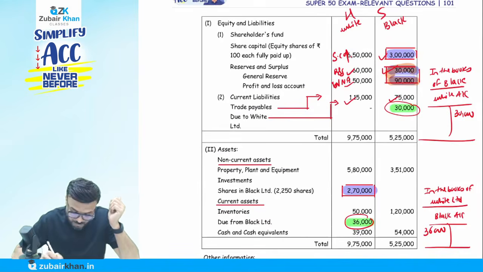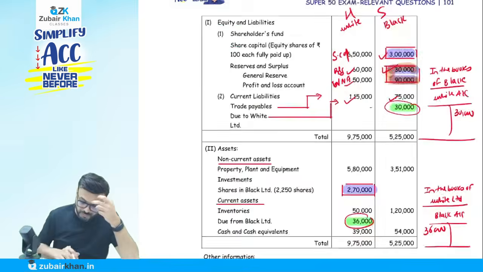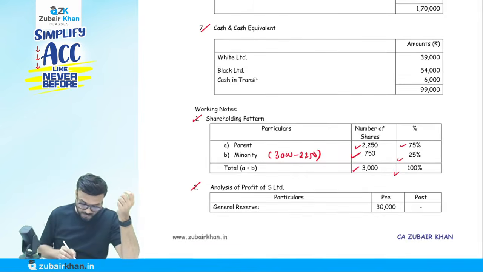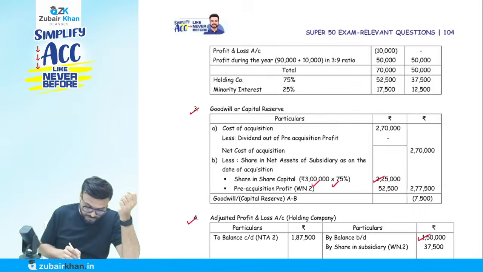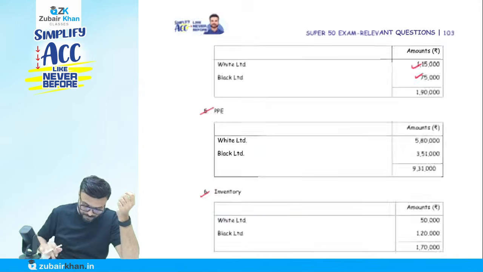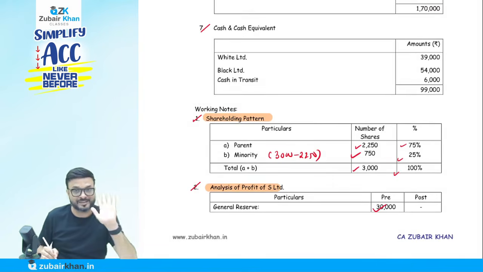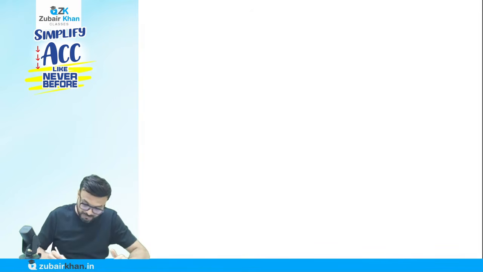See how simple it is. Working note number 2, analysis of profit of the subsidiary company. Pre 30,000, simple.